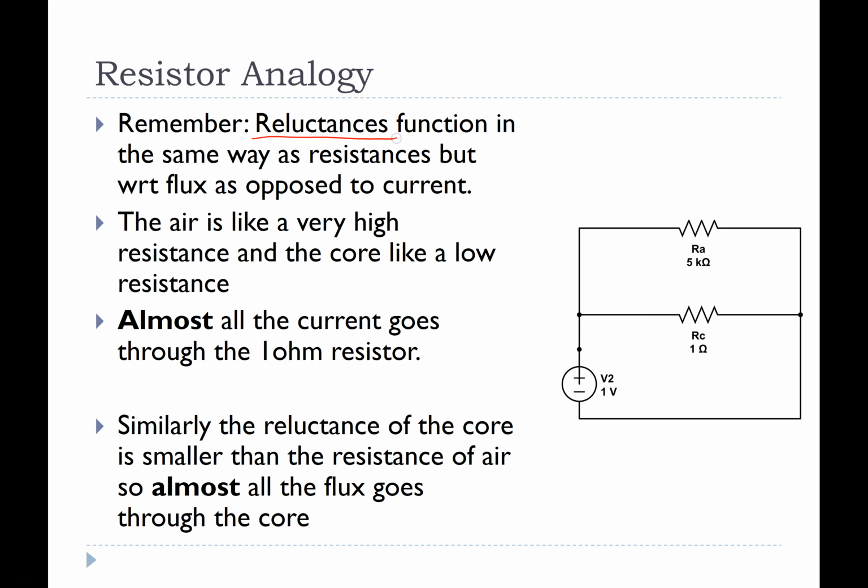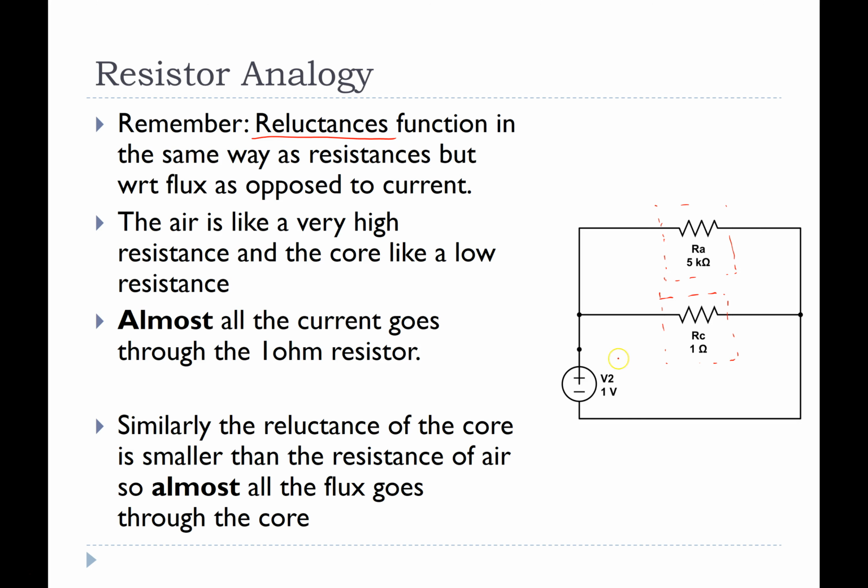So it is actually a low reluctance path, and to understand what is happening, you could use a resistor analogy. So the air is a very high reluctance path, so it is like a high value resistor, and the core is a very low reluctance path, so it functions like a small resistance.